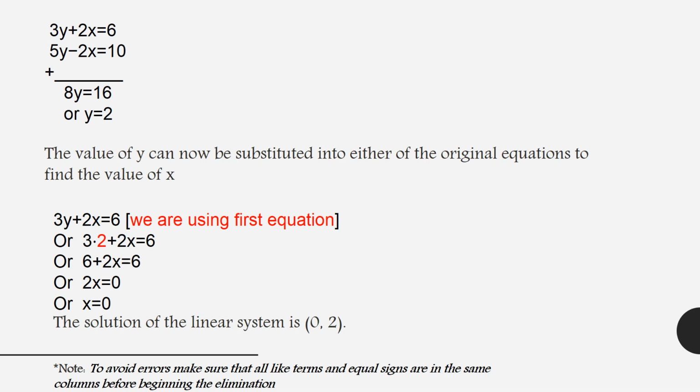When we add these, positive 2x and minus 2x are equal and opposite in sign, so these will cancel each other and we are left with 3y plus 5y equal to 8y, and on the right-hand side 6 plus 10 equal to 16, so y equal to 2. By solving 8y equal to 16, we get this.